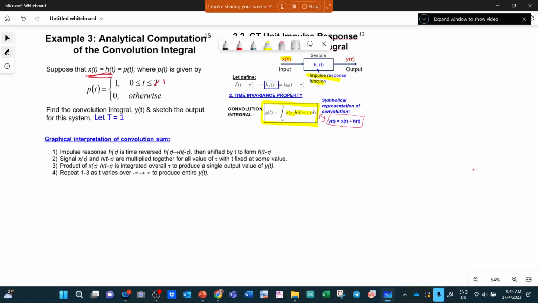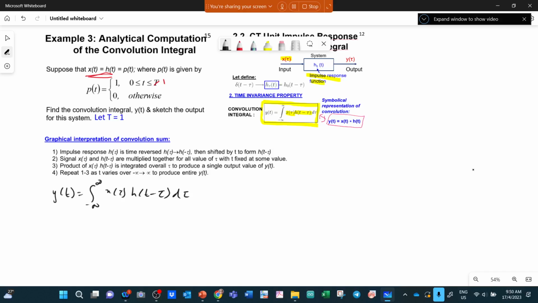Because in this case x(t) and h(t) are the same signal, we are going to use the general equation, y(t) equals the integral from minus infinity to infinity of x(tau) h(t minus tau) d tau.